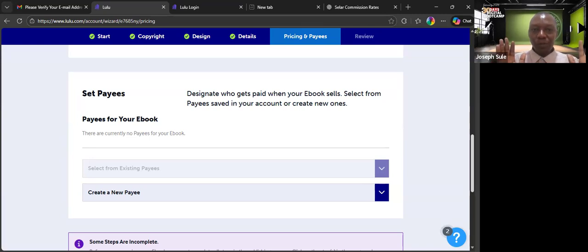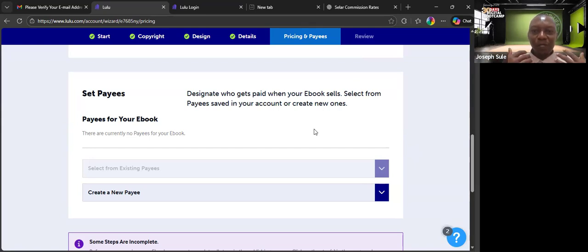You tick, you go. With Lulu, because it is an international platform and they deal with only about 5 currencies, the process is a little more technical. But they won't allow you to go to review unless you set up a payee. So a payee is who gets paid when your ebook sells.